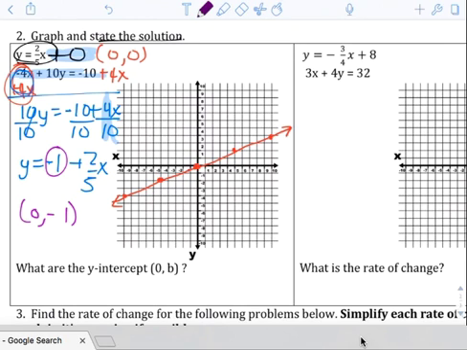I mean that's a y-intercept, 0, negative 1, my mistake. This is the rate of change, up 2, right 5. So you start out at negative 1 and you go up 2, right 5. Up 2, right 5. Correct?